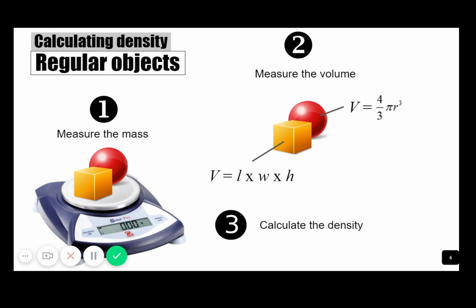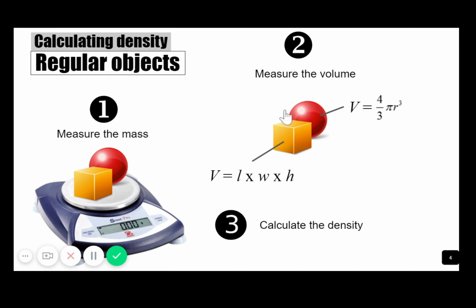Secondly, after measuring the mass, you measure the volume. The volume of the cube here is length times width times height. And the volume of the sphere is 4 over 3 times pi times r to the power of 3. I am not going to focus so much on the maths because it's a maths subject. I want to focus more on the concept.